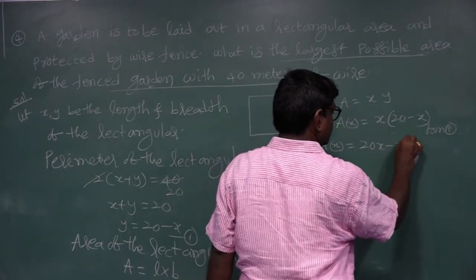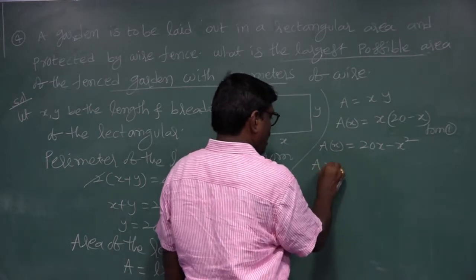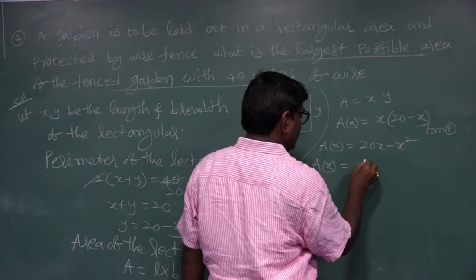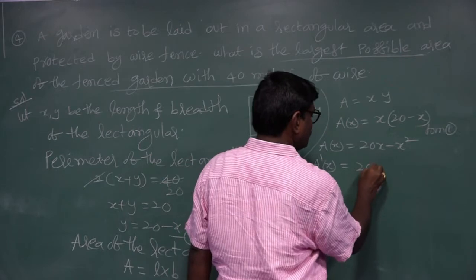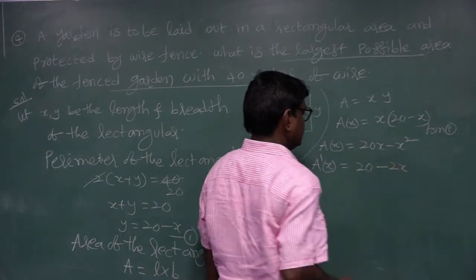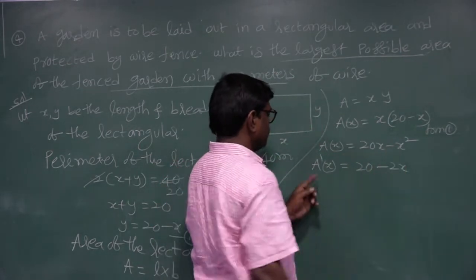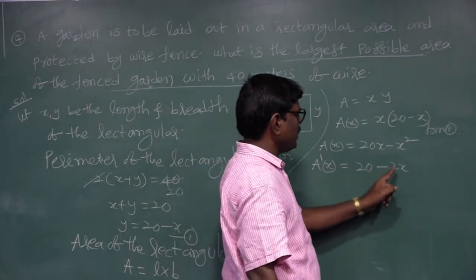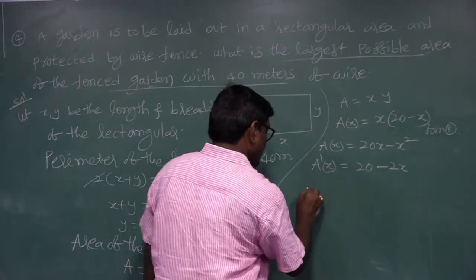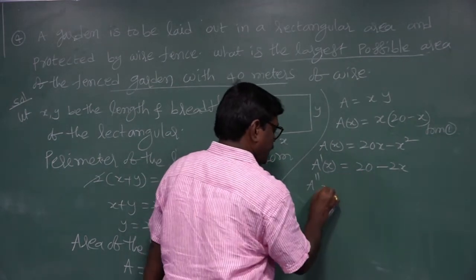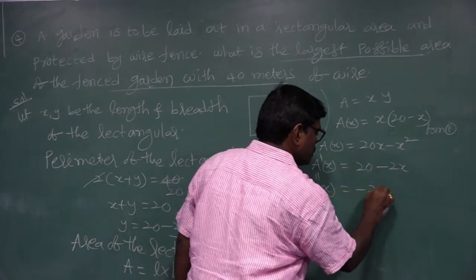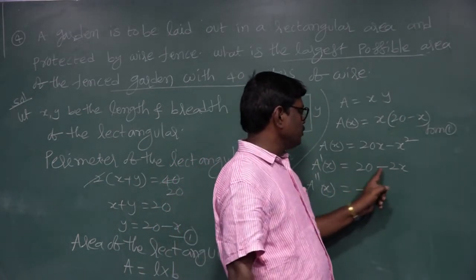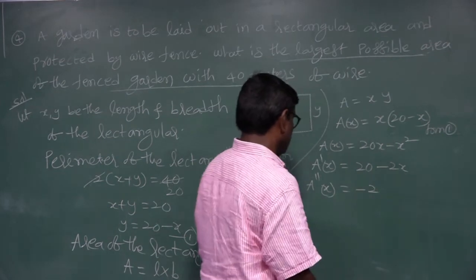A of x equals 20x minus x square. Differentiate with respect to x: A dash of x equals 20 minus 2x. Again differentiating, A double dash equals minus 2.